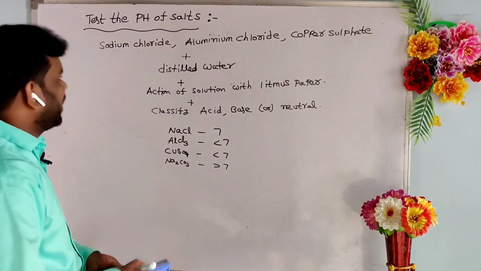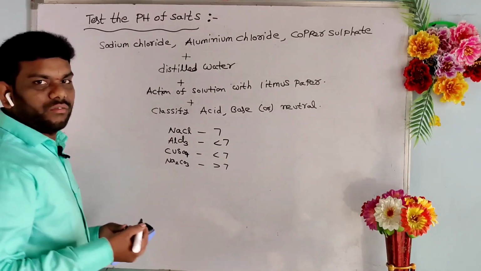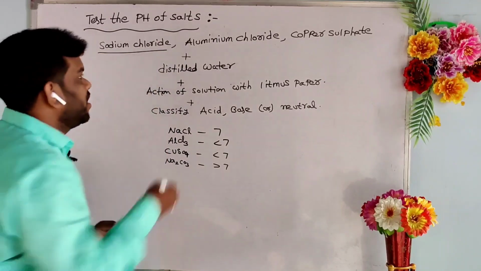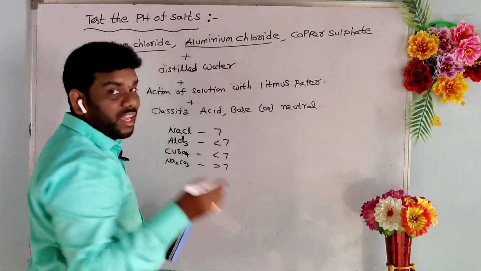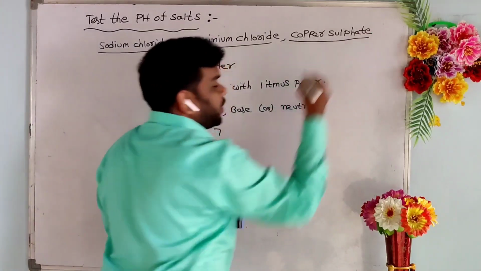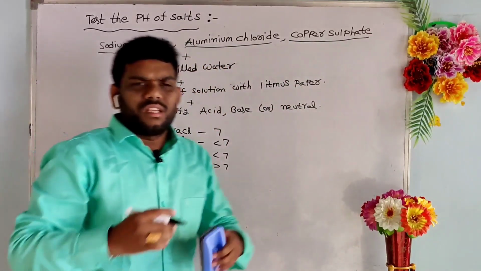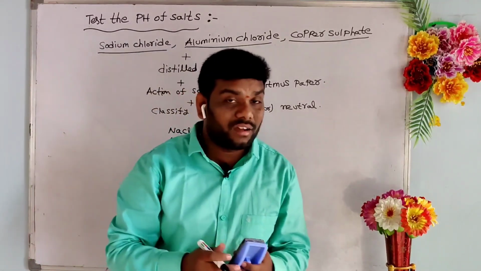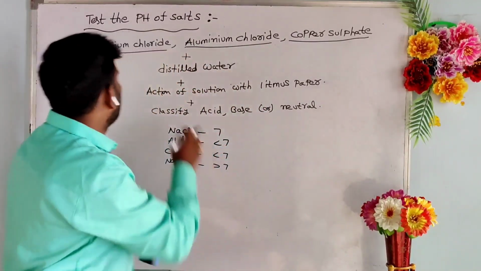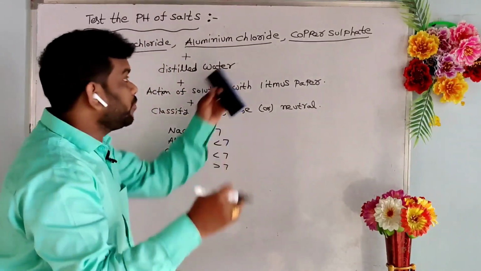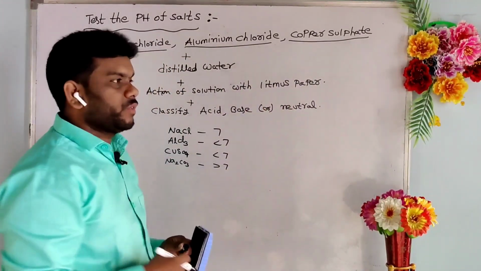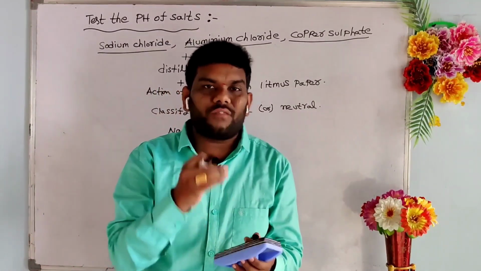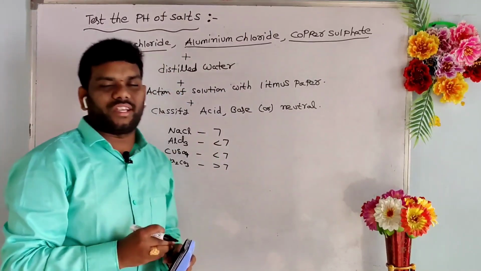So what is the pH value of salts? I will take examples: sodium chloride, NaCl, aluminum chloride, AlCl3, copper sulfate, CuSO4. Some other salts also I will take. So take some samples of sodium chloride, aluminum chloride, copper sulfate. Dissolve these in distilled water.